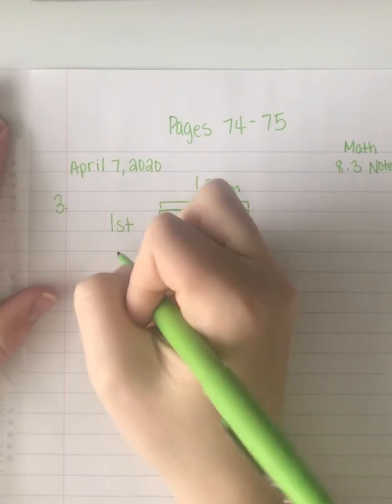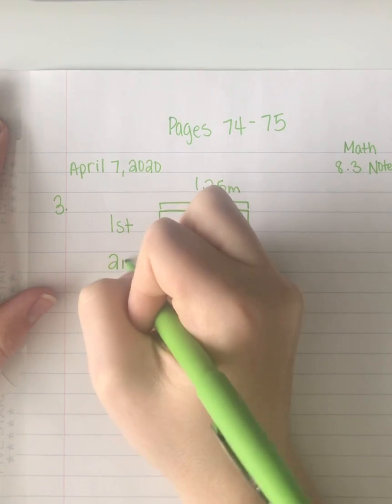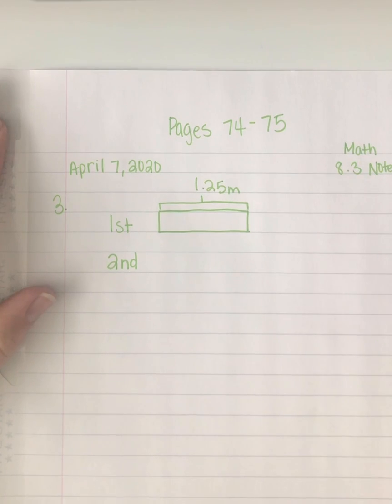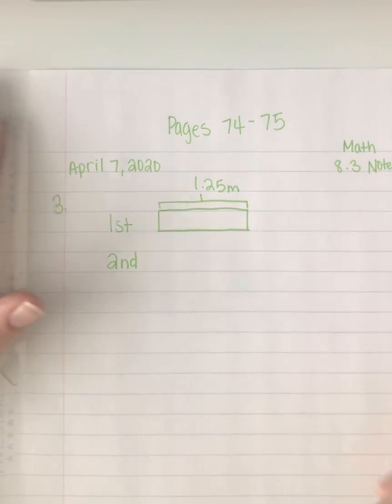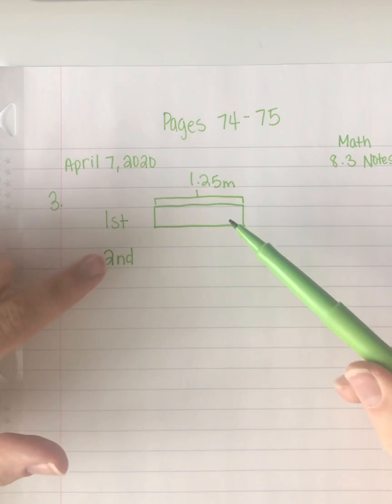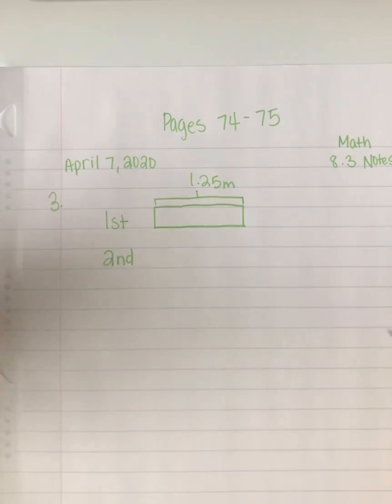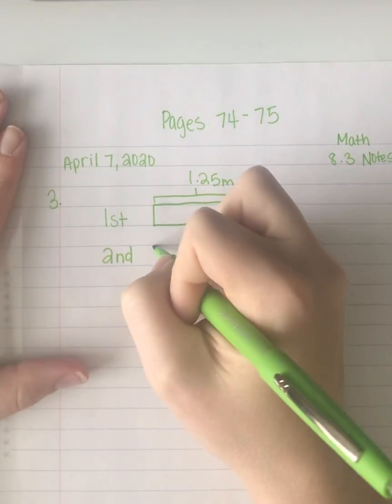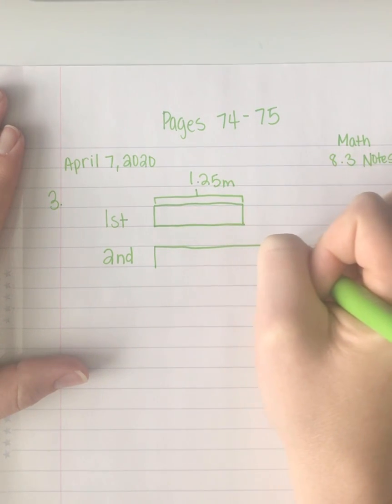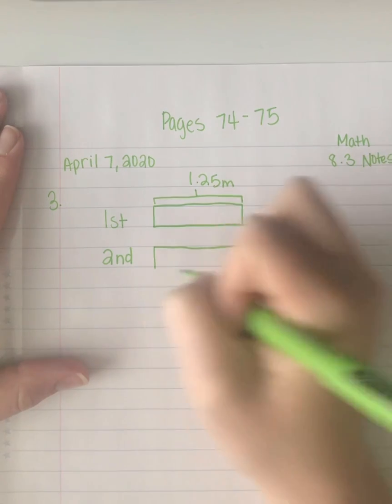The second piece, now the logical thing for you to think about is, okay, well, I don't know what that second piece is yet. However, I know that I had a total of 4, and I've only taken 1.25 away from that. That means that the second piece is longer than the first. So you're still going to start it off at the same place you did the first piece, but it's going to be a little bit longer.